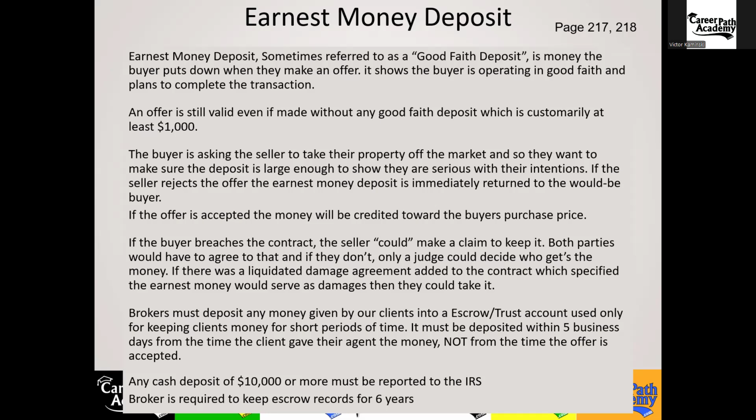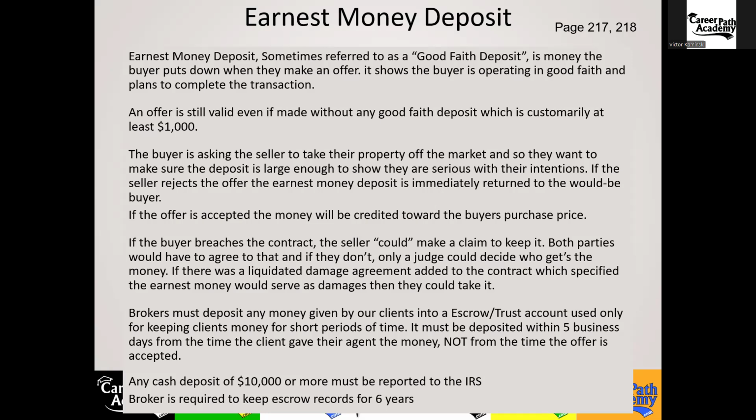Both parties would have to agree to that. And if they don't, only a judge could decide who gets the money, because a broker can't release those funds unless both parties are in agreement on who to release it to. So if there was a liquidated damage agreement added to the contract, which specified that the earnest money would serve as damages, then they could take it.